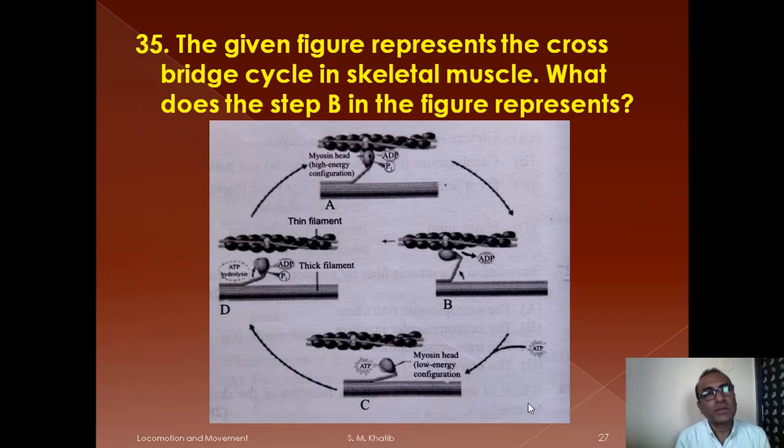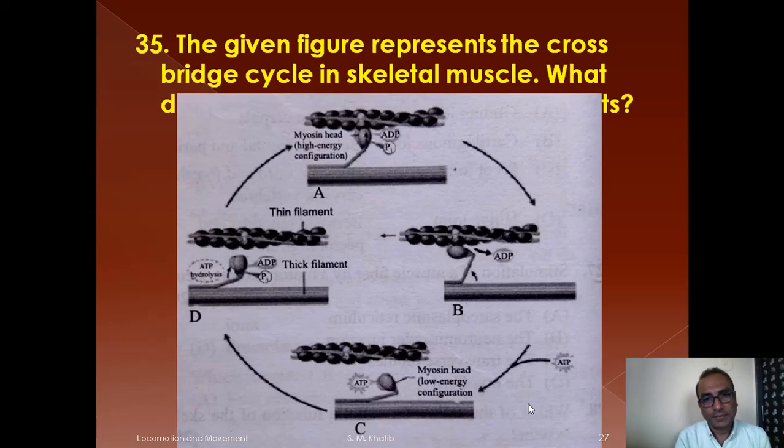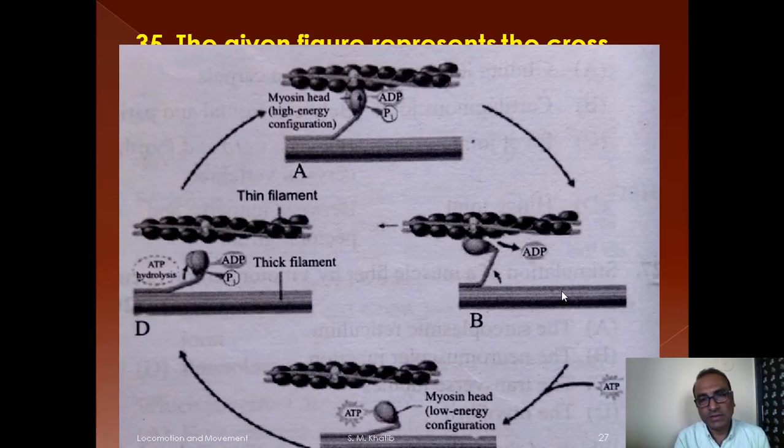Let's take up the next question. The given figure represents the cross bridge cycle in skeletal muscle. What does the step B in the figure represent? So step B, you see here, the actin filament is moving inside, right?